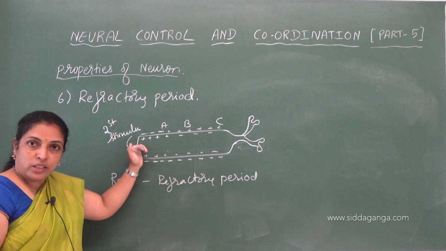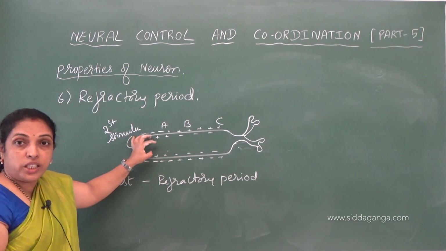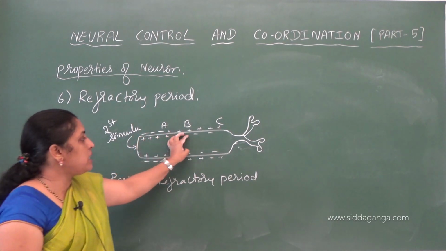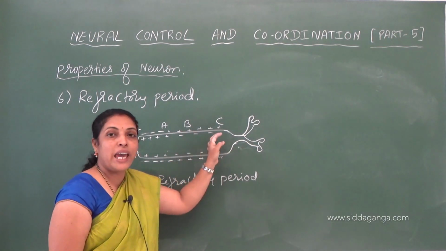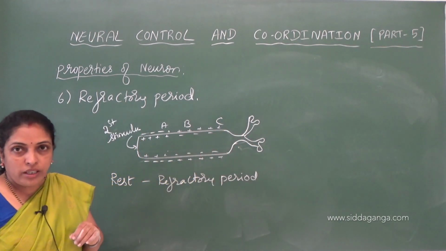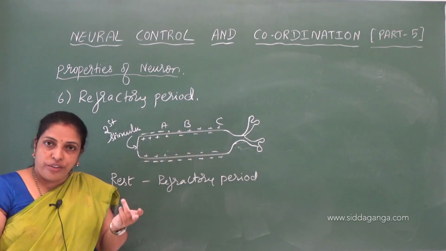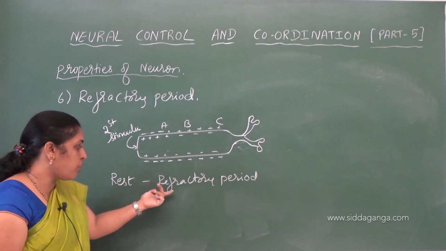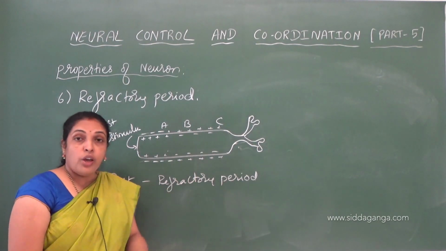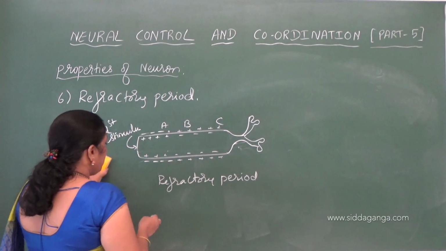When we apply a stimulus, the nerves generate an action potential, and it is carried along the length of the axon till it reaches the axon terminals. After that, the nerve fibers undergo a period of rest. That rest period is called the refractory period.